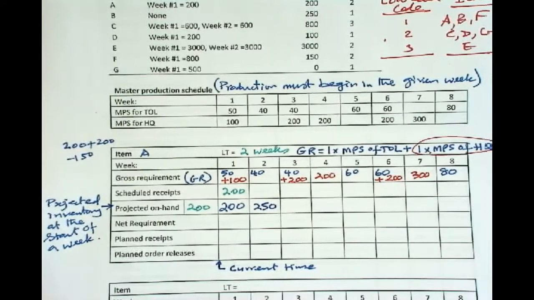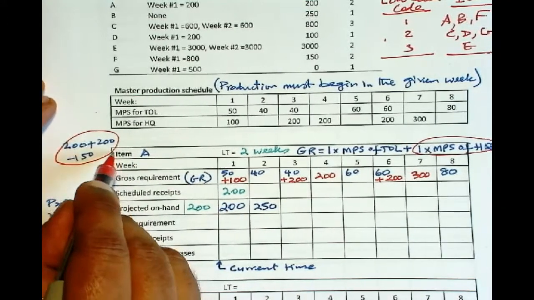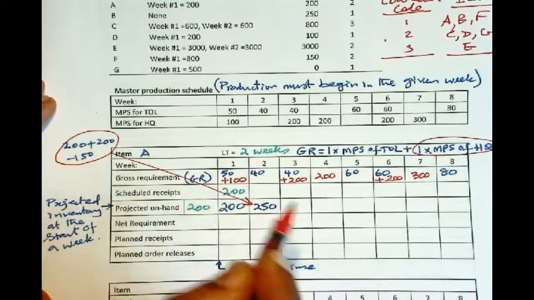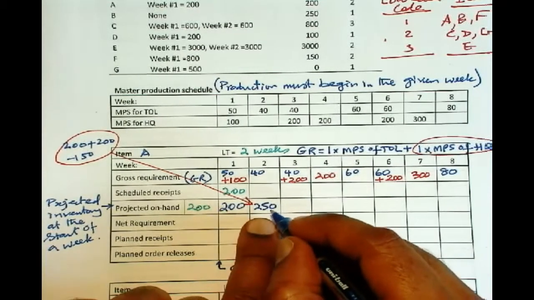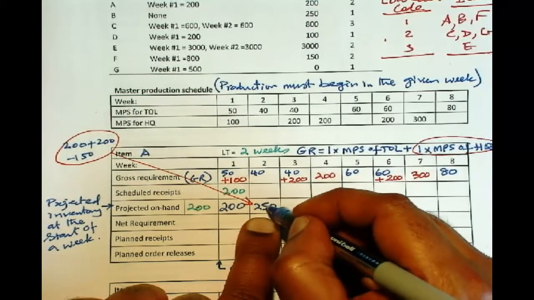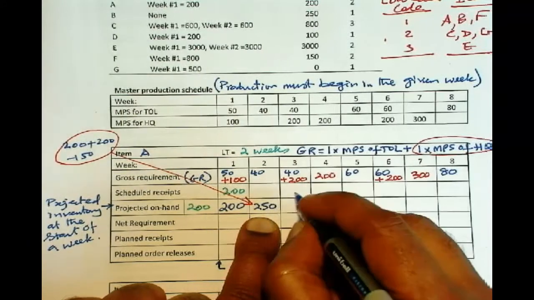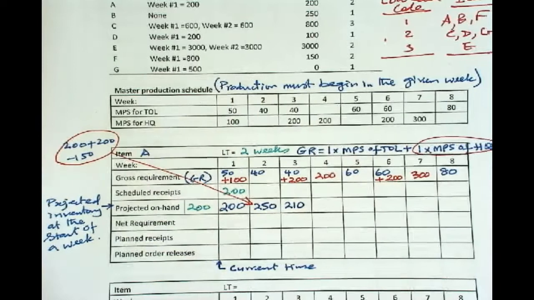So that's the projected on hand, for week 2, at the beginning of week 2. Now, during week 2, 40 units of that 250 will get used up. So you'll end up with 210 as at the beginning of week 3.